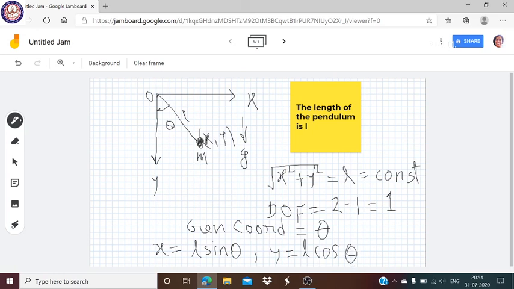So the position of this point can now be defined with a new generalized coordinate, which is theta, and we can also define the old coordinates in terms of the new coordinate. So x is equal to L sin theta, y is equal to L cos theta.